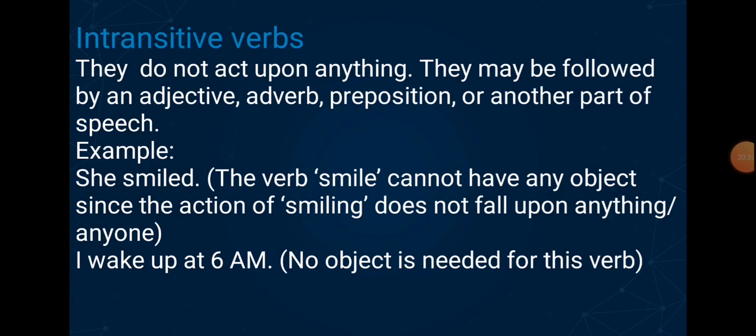The second type of action verb is the intransitive verb. What is an intransitive verb? An intransitive verb is the opposite of a transitive verb. They do not act upon anything. They may be followed by an adjective, adverb, preposition, or another part of speech.